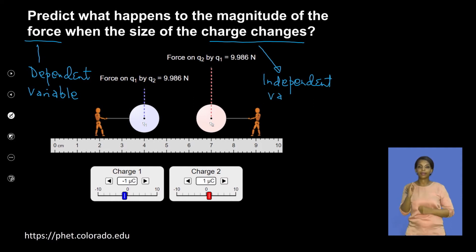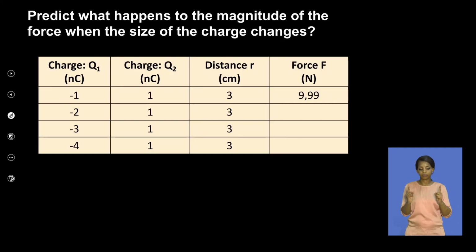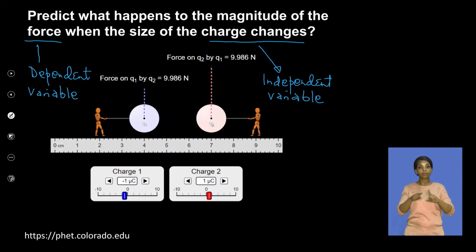It's very important for us to identify our variables from the onset. What we're going to keep the same in this case is the distance between the two charges, Q1 and Q2. Now, as part of our prediction, here is a scenario. If we go back to that slide, we'd see that if the distance between the centers of the two charges is 3 centimeters, we can actually measure that.